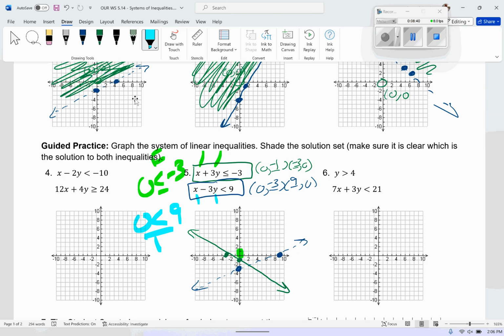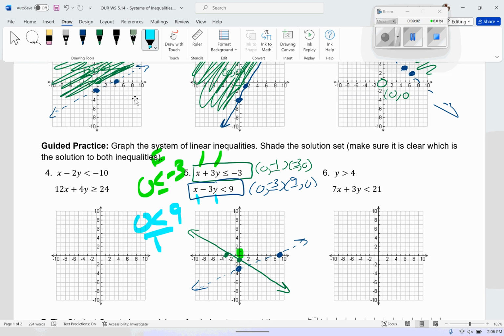So let's use a little logic here. Ready? The green one, the green line, I'm shading opposite. So I'm shading down here. Agree? Good so far? So I'm shading down here on the green. Yes? All right. For the blue, I need to shade the same side of the blue. So where do I shade?